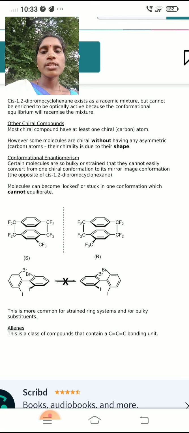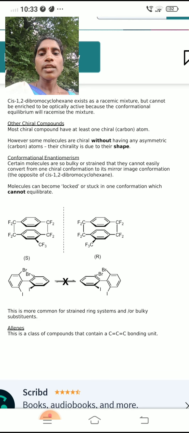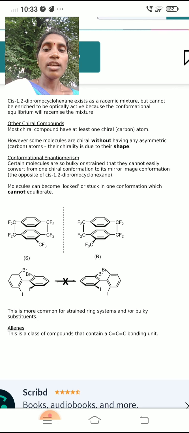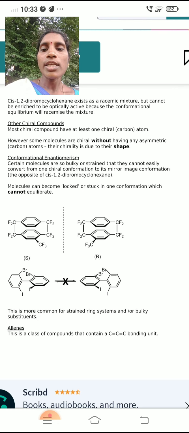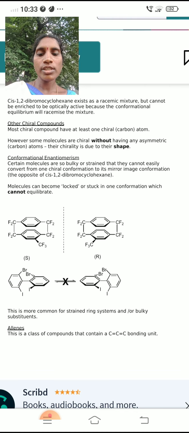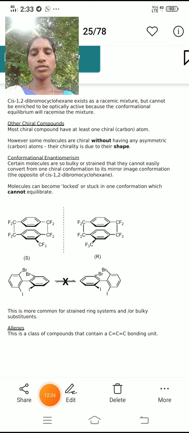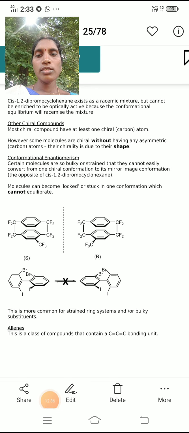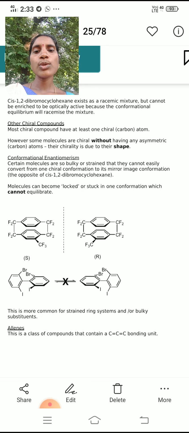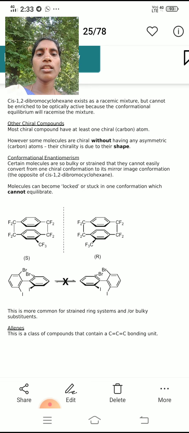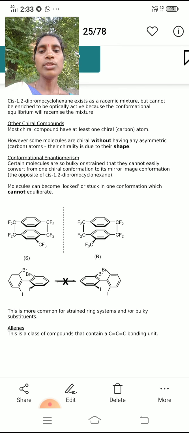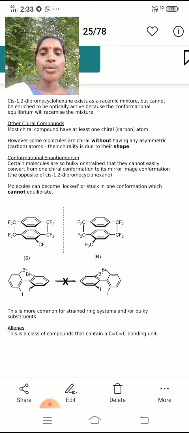Next, conformational enantiomerism. Certain molecules are so bulky or strained that they cannot easily convert from one chiral conformation to its mirror image conformation.